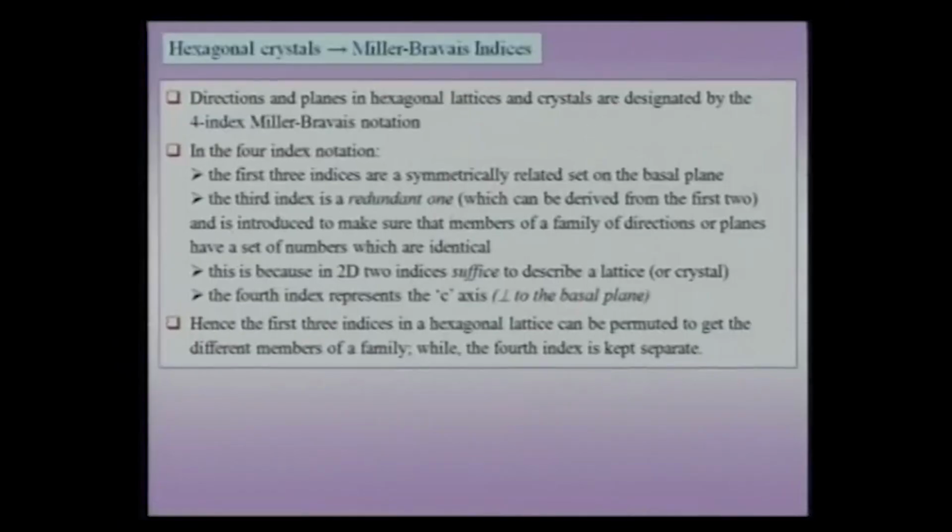What is the reason that we include such a redundant index? This is introduced to make sure that the members of a family of directions or planes have a set of numbers which are identical. I will explain this concept by taking examples, but in other words, I should be able to permute the 3 indices and get all the symmetrically related sets of directions or planes, like we did for the cubic lattice for instance.